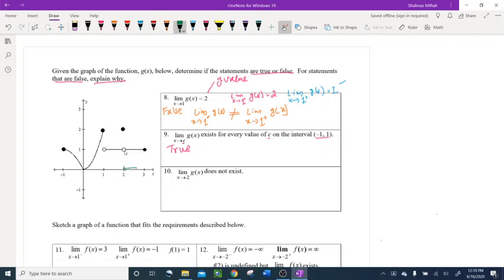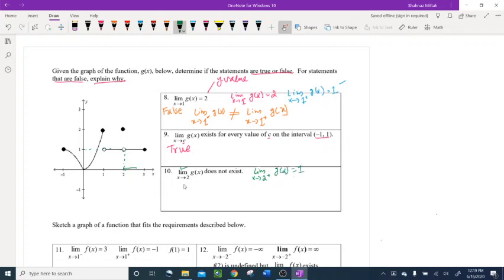My y value is, I mean, on the graph I do have a point there, but they're not talking about what the point is. They are asking for the limit. For the limit, you have to follow the graph. So as x approaches 2 from the right side, my y value is 1. So I can say limit x approaches 2 from the right of g of x is equal to 1.